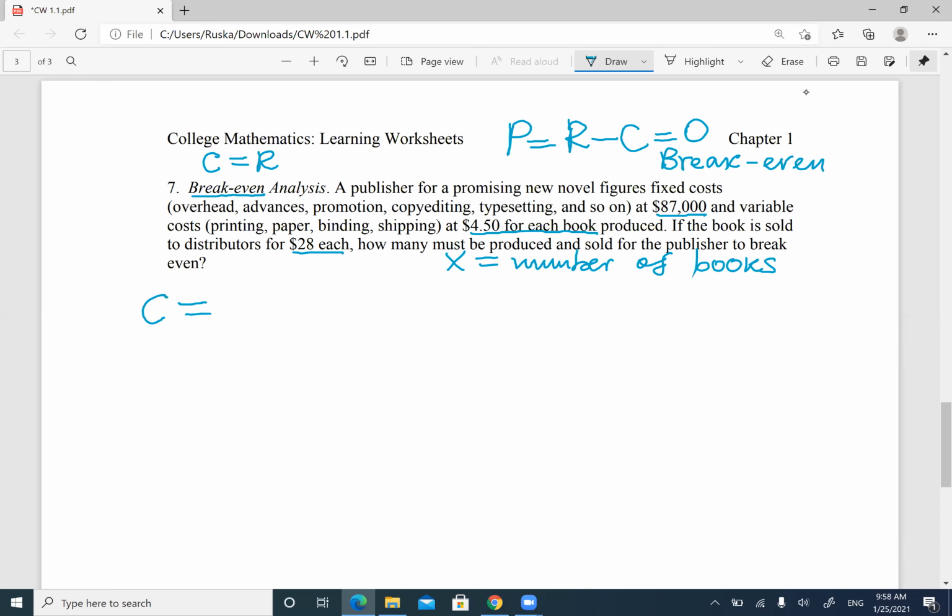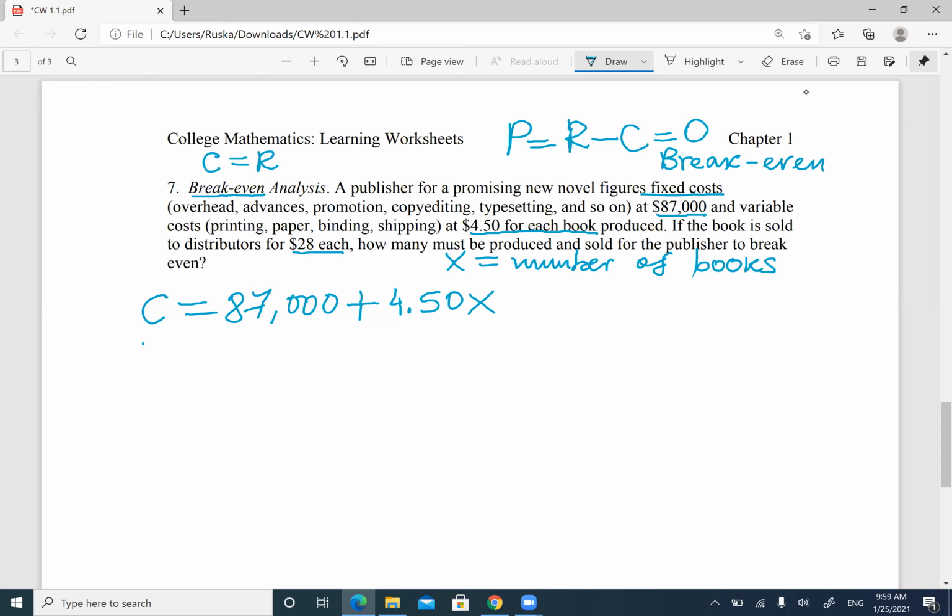We have the fixed cost, which is 87,000. That's what you're going to pay no matter what, even if you don't produce anything. Plus, it's going to cost you $4.50 for each book, which means multiplied by X. Because if you produce 10 books, it's going to cost you $45 because it's $4.50 per each. Okay, so this is my cost function.